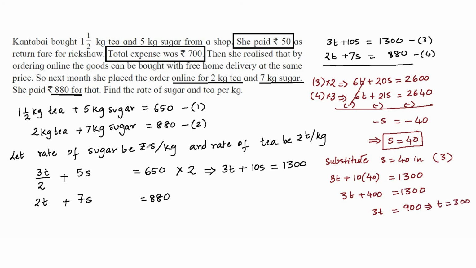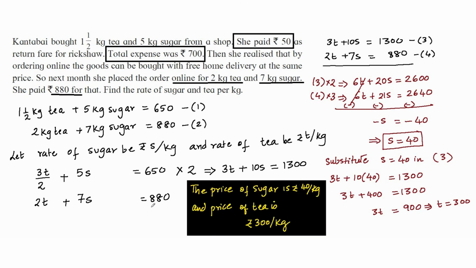And therefore, in statement form, I can say that the price of sugar is 40 rupees per kg and the price of tea is 300 rupees per kg.